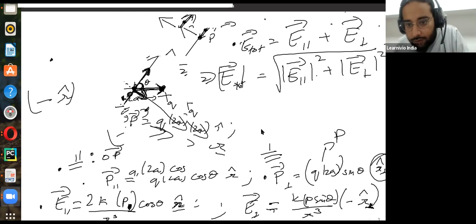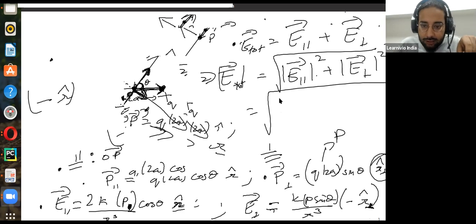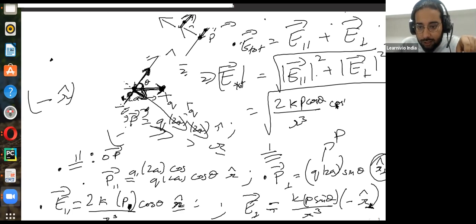So what is the magnitude of the first vector? That's just 2kp cos theta over r cubed times cos theta, whole squared, plus kp cos theta over r cubed, whole squared.